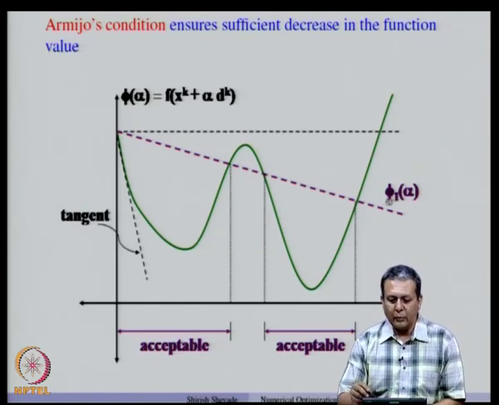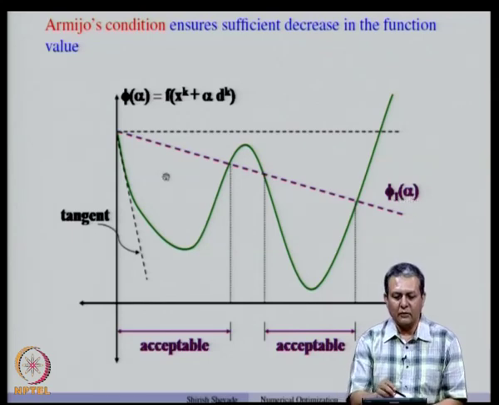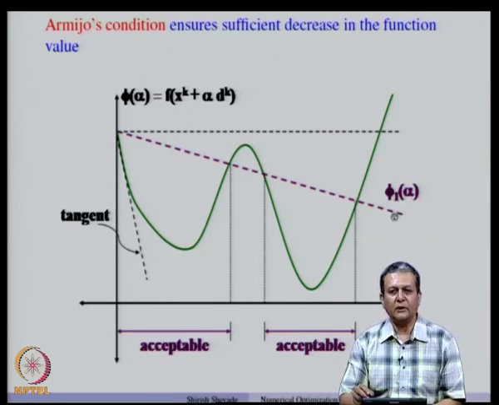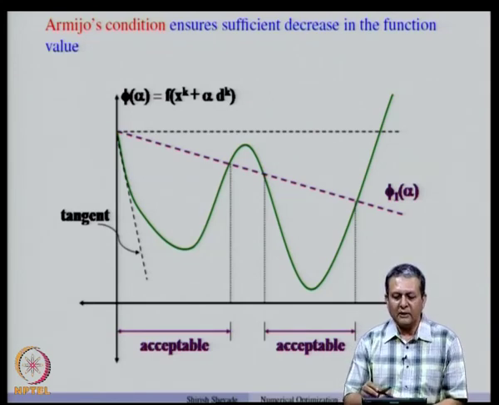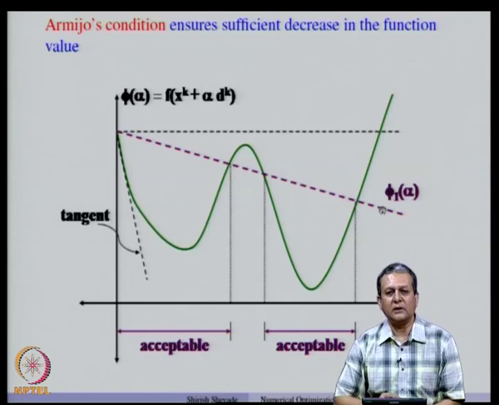Okay. So, suppose we consider one line which is shown here as a function of alpha. So, we call it phi 1 of alpha. So, this line is drawn here. We still do not know what is the exact form of this phi 1 alpha, but this line is drawn here. Now, what Armijo suggested is that you choose those alphas where the function lies below this line.